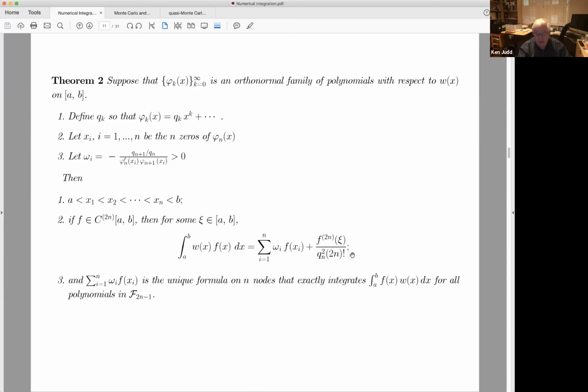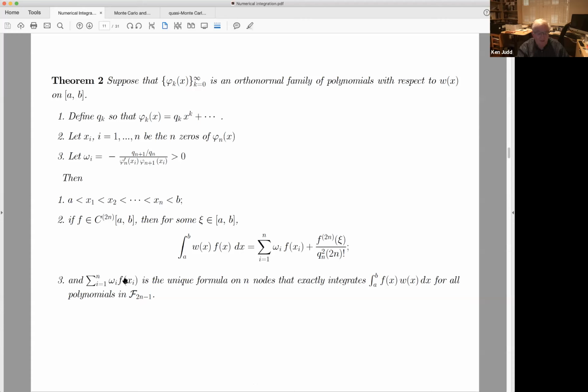Now notice basically that as long as the higher order derivatives, suppose that n grows. Now the denominator is exploding at the rate 2n factorial. So this is exploding. And so as long as the higher order derivatives do not explode as badly, or better yet, even remain bounded, this is going to be a very low error term.